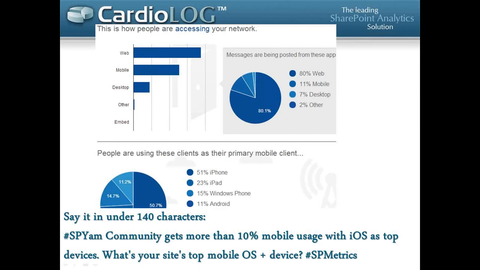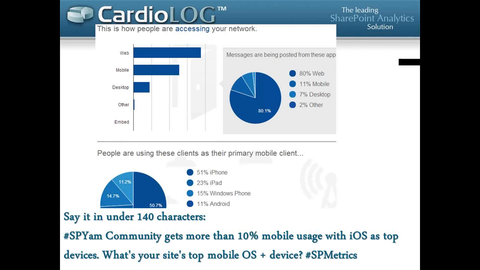And when you start looking at what devices people are using, surprising, 51% of people that are accessing it through mobile devices are using the iPhone. So if you have an iPhone and you're a SharePoint user, you are among good company. It's actually surprising, but it's a common thing that you'll see iPhones among SharePoint folks.